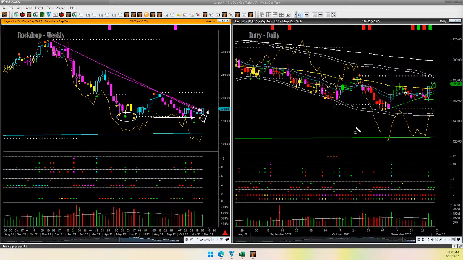What about daily? Daily created a false downside breakout at this point. We had 2 successive bullish indecisions. As I mentioned, one of them is important. Multiple of them coming together alerts us further to look for a buy setup.